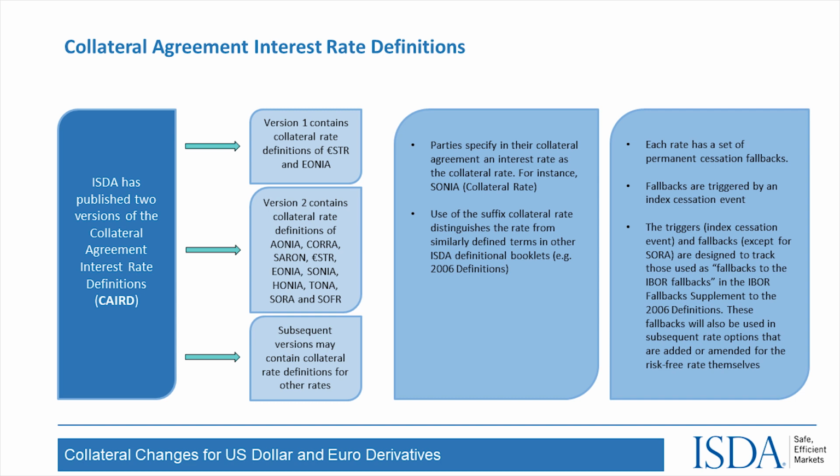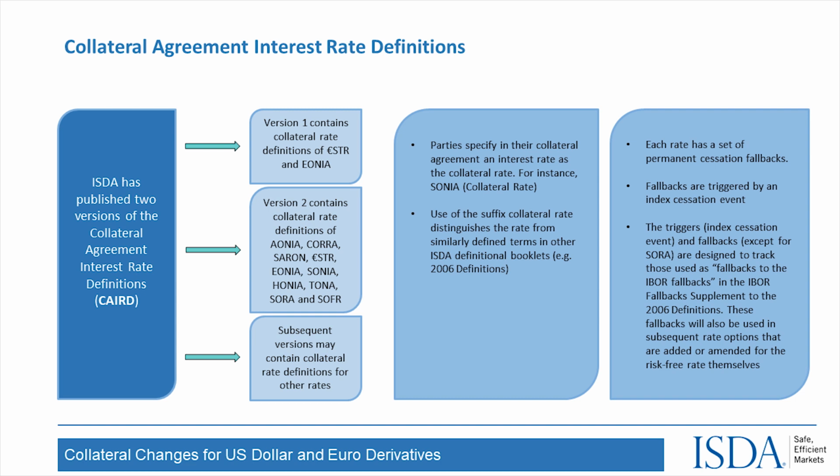So each of these rates is subject to a permanent cessation fallback, in fact, a set of permanent cessation fallbacks, which are set out in a definition of index cessation event. Now, that definition matches very closely the definition of index cessation event, which is found in the recently finalised ISDA IBOR fallback supplement. When one of these permanent cessation events occurs, it will trigger the fallbacks that apply in respect of each of these collateral rates.